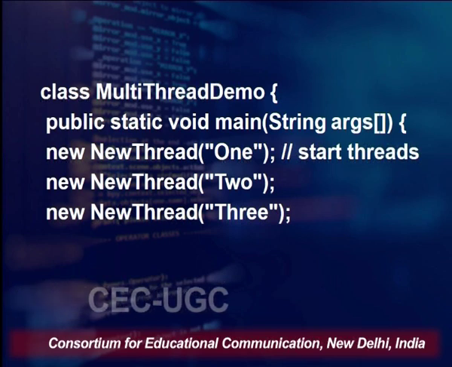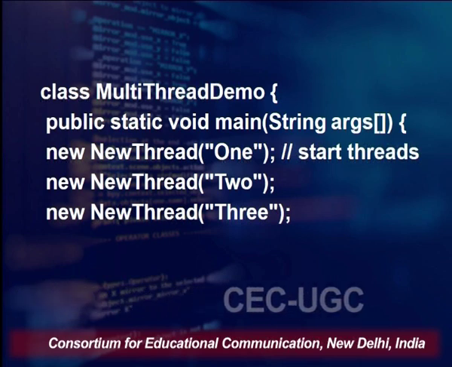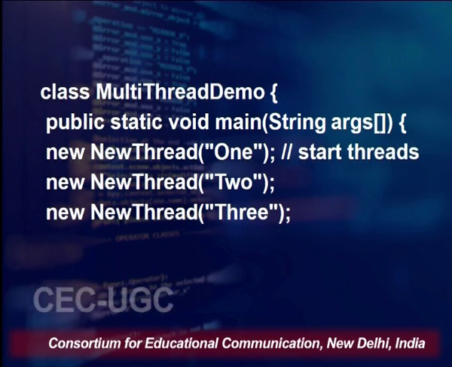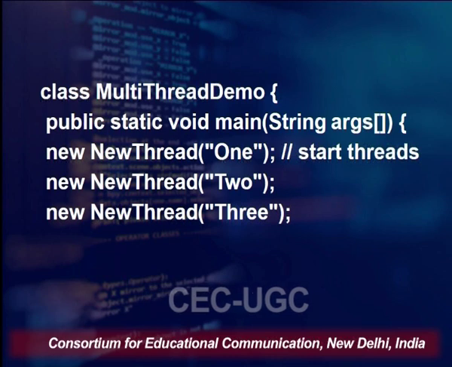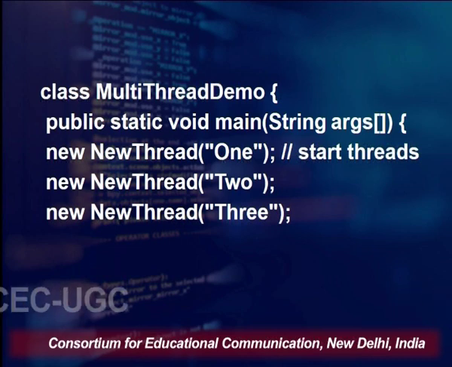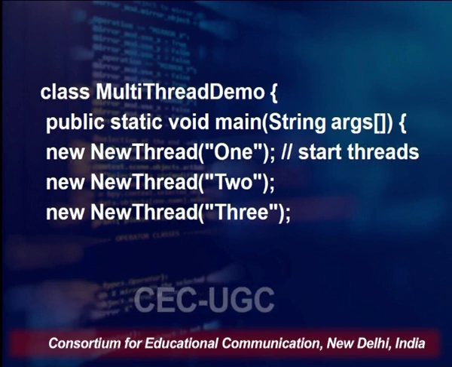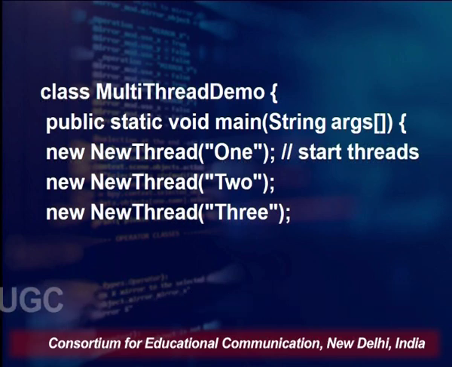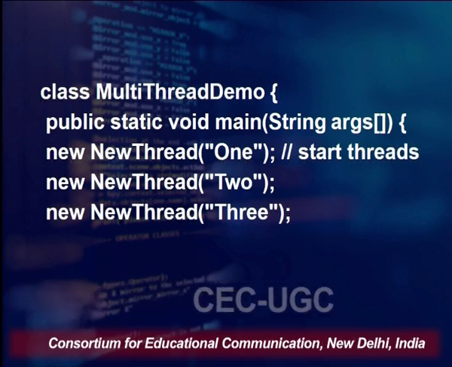We have used the string 1, and this string will be saved in the parameter named name of the constructor of the class NewThread. And similarly for the next 2, which is new thread 2, and then the third instance with the name 3. So, here we have actually created 3 threads named as 1, 2 and 3.